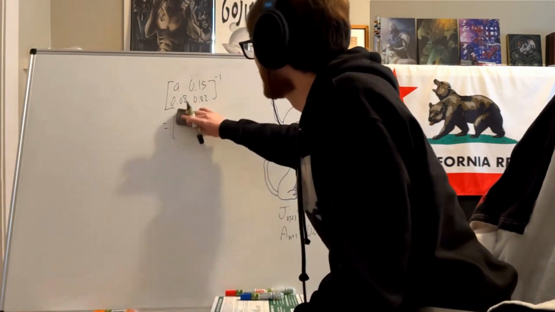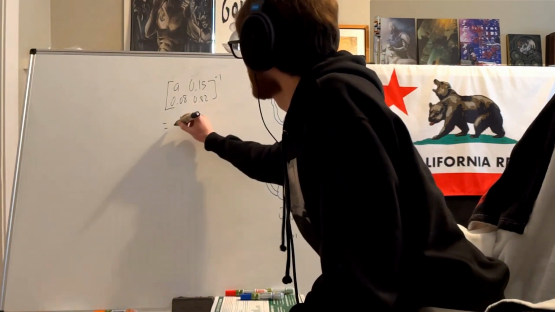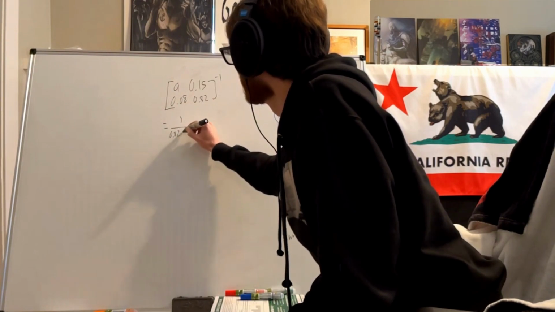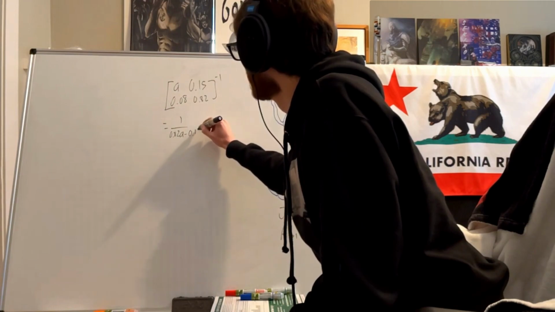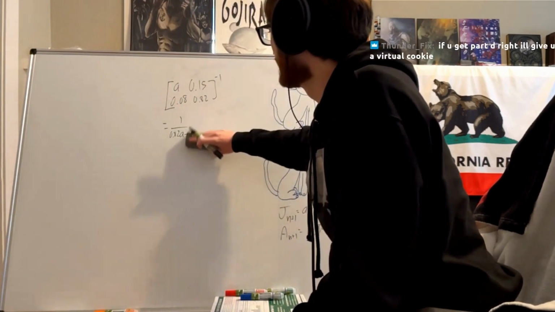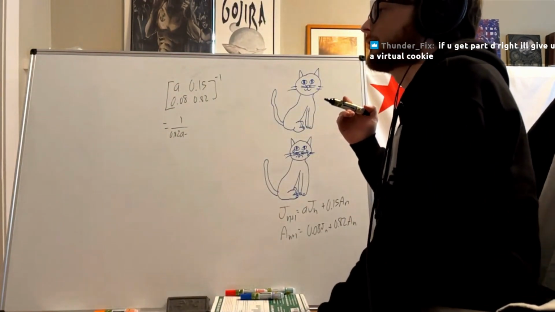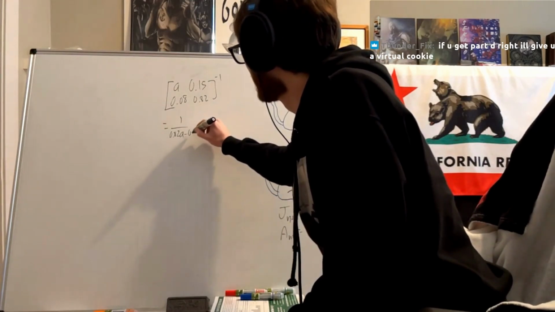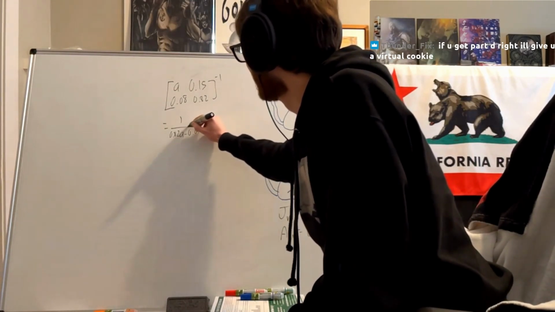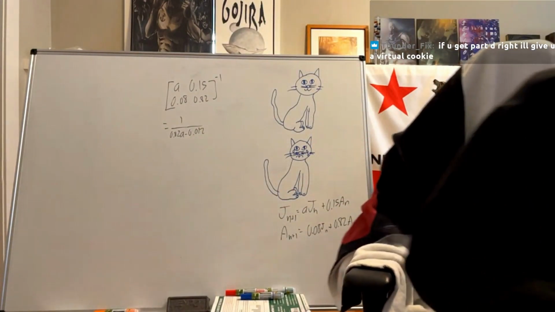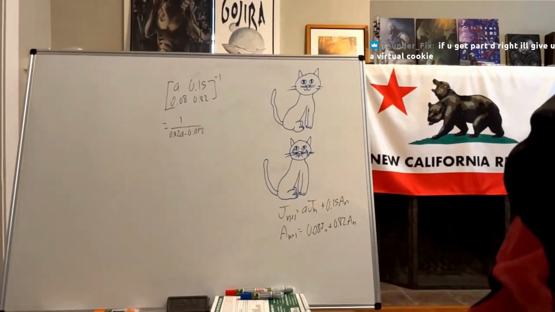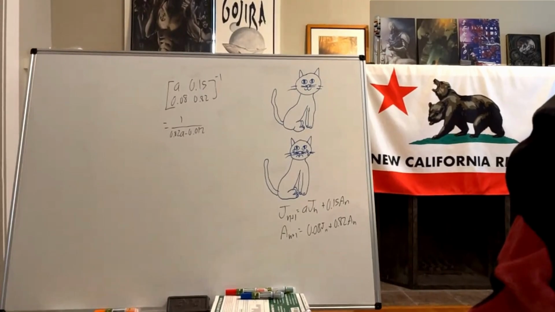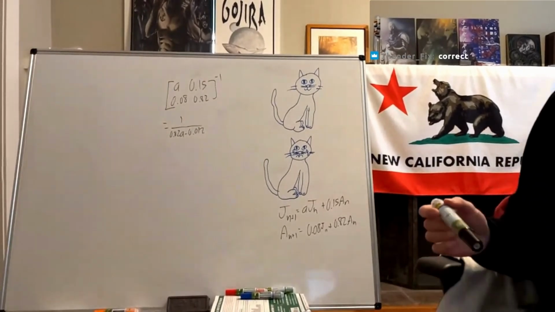Let's figure out the determinant. 1 over ad minus bc. 0.15 times 0.08. That's 15 times 8, which is 30 times 4, which is 120. Move the decimal to the left 4 places. 0.012? Is that right? Did I just do some genius mental math right there? It's not really that genius, but it's 0.08. Correct? Oh, I actually did something right for once in my life. Okay.